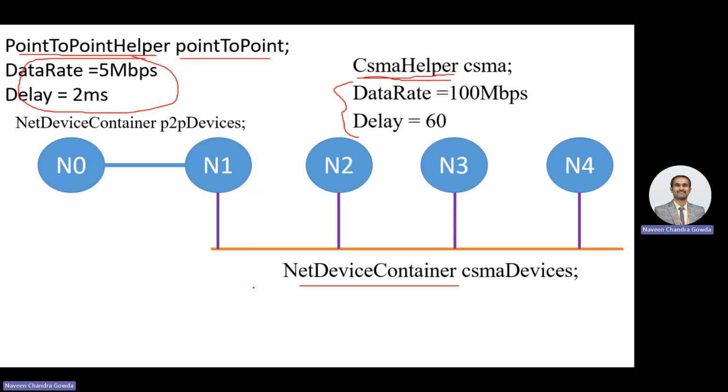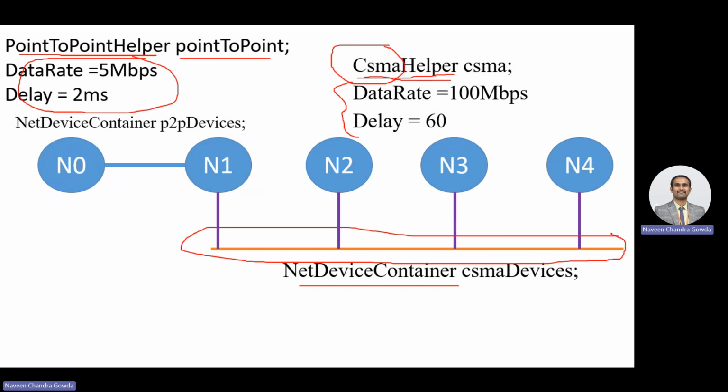As I have quoted in the previous slide also, let me repeat. The intention behind using CSMA here: CSMA stands for Carrier Sense Multiple Access. When multiple nodes are trying to access the same link, which is the bus, if all the nodes try to access the same link at the same time, definitely it leads to congestion.